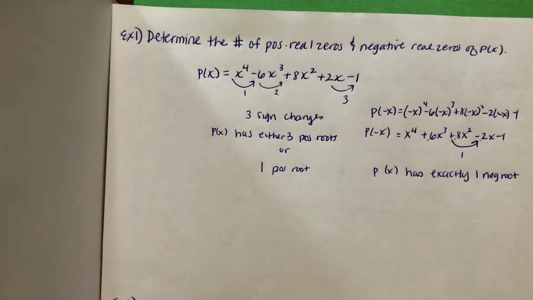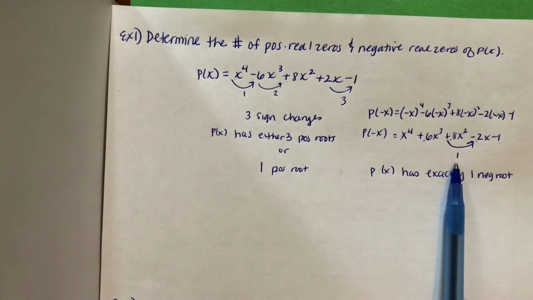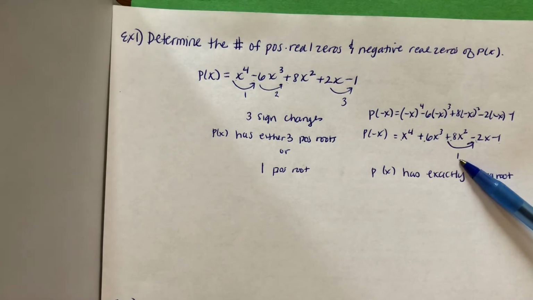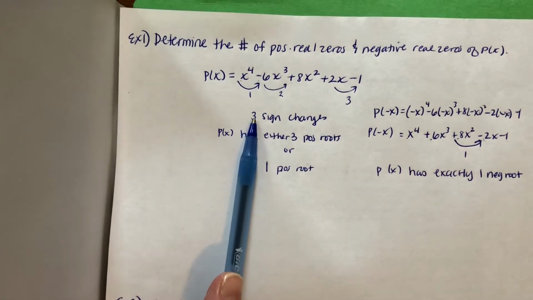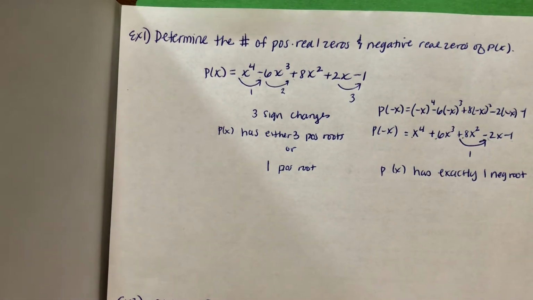Now the directions say that I could also reduce this number by a positive even integer, but the only other positive even integer that I could subtract would be 2. And if I did 1 minus 2, I'd get a negative number, so that doesn't work. Okay, here I could subtract a positive even integer like 2 because the number was large enough to subtract.